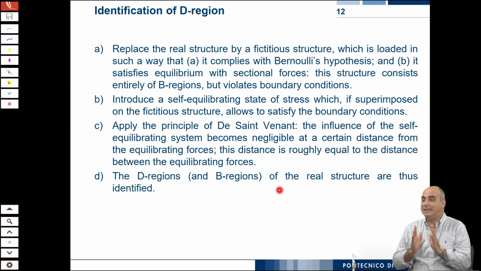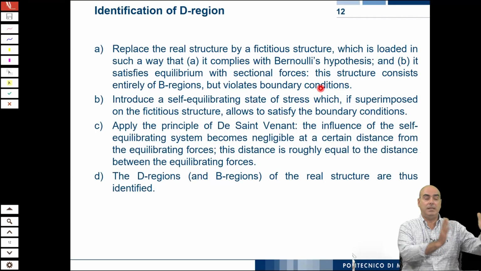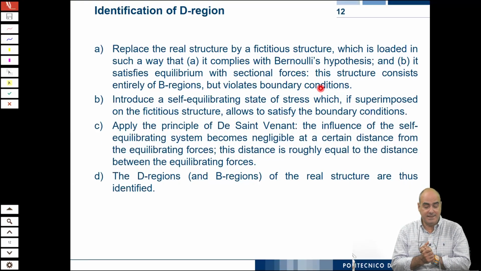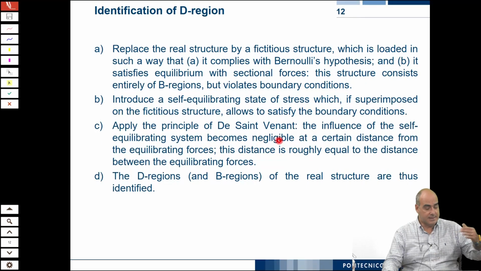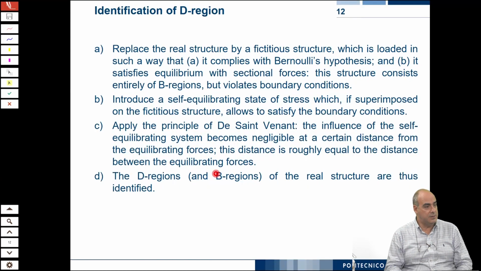Self-equilibrated means that its resultant is zero. If you superimpose it on the fictitious structure, you get back the original one. Apply the principle of Saint-Venant, which states that the influence of this self-equilibrating state of stress is negligible at a certain distance. And then you have identified, as we have seen from the example before, the D and the B regions of your structure.